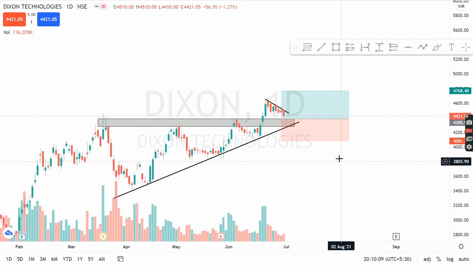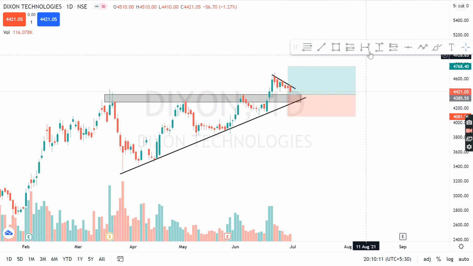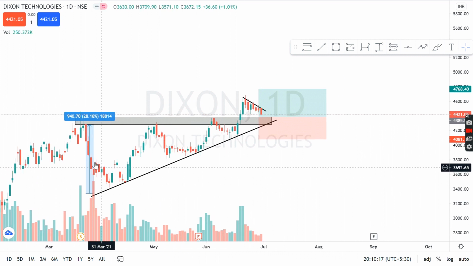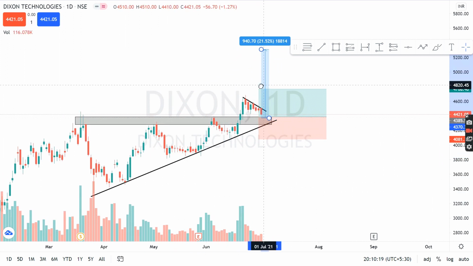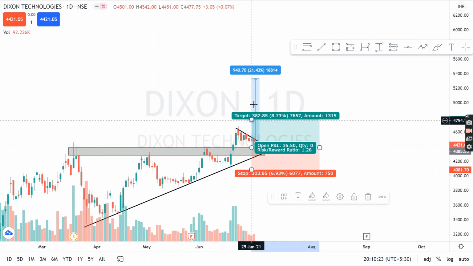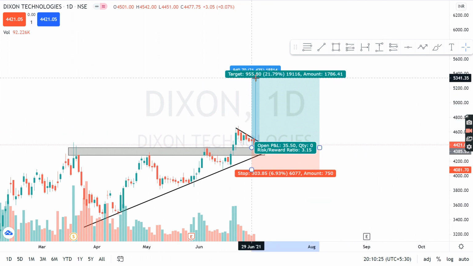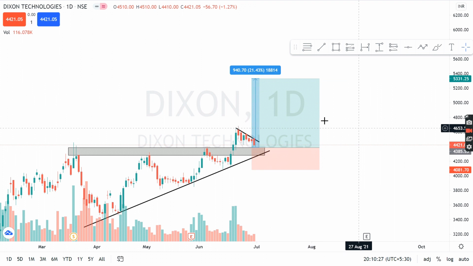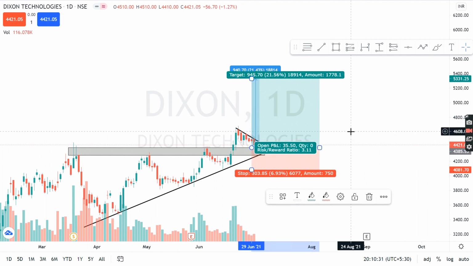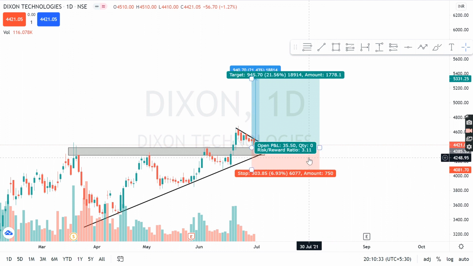And for the RR ratio, it can be the distance of the triangle it formed. We'll keep this price over here, and the first target we get here is around 5300. So guys, it is showing a good RR ratio of 1 to 3.11.